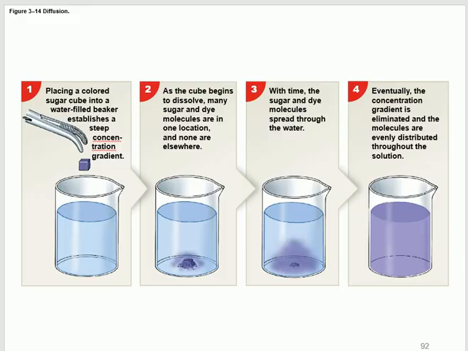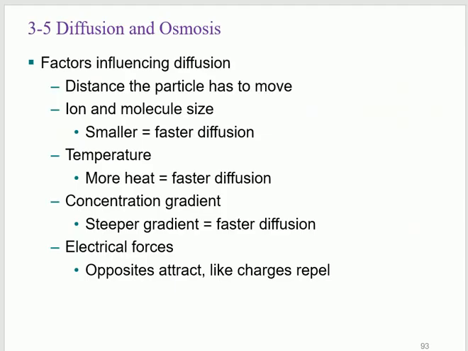And it is something like this. If I put this colored material here, it's going to move from high to low. So it's going to diffuse. This is if this is a solution. If this is the membrane, it's the same idea.